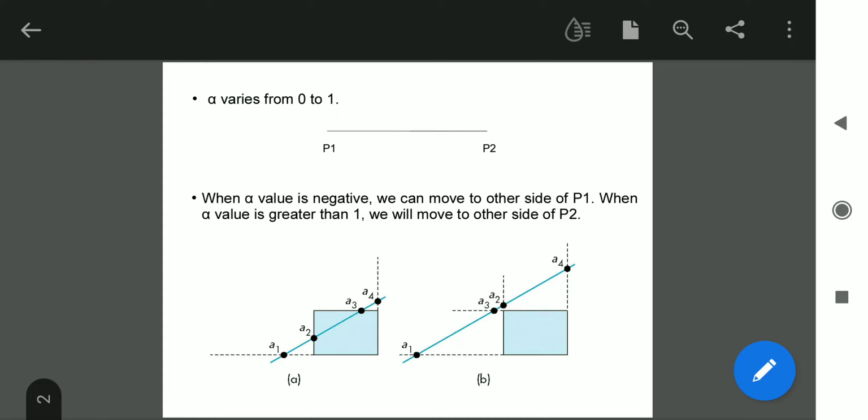At the first vertex P1 the alpha value will be 0, and at the second vertex of a line segment, that is at P2, the alpha value will be 1. When the alpha value is negative, then we move towards the left side of P1, and when the alpha value is greater than 1, then we move towards the right side of P2, that is, towards the other side of P2.